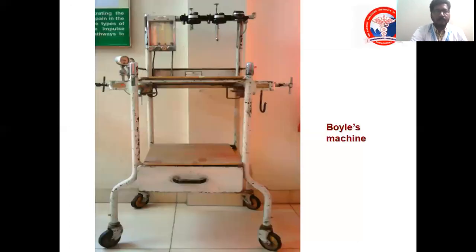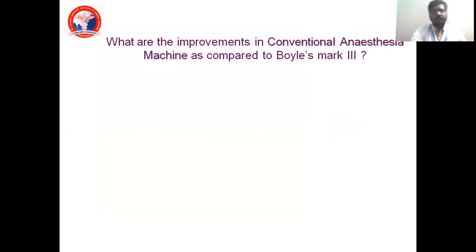This is the old Boyle's machine. As you can see, what are all the improvements in the conventional anesthesia machine as compared to the Boyle's? They have upgraded the conventional anesthesia machine to improve the safety of the anesthesia and also for patient safety.